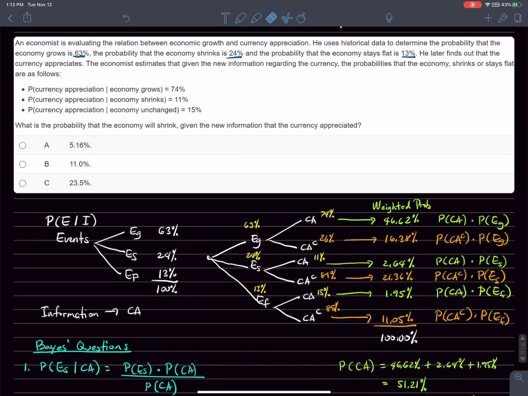So these are the probabilities of the events. Now, the economist estimates that given the new information regarding the currency, the probabilities that the economy shrinks or stays flat are as follows.